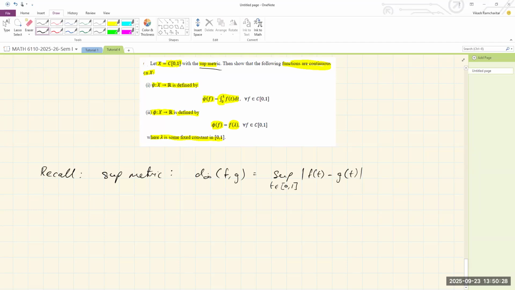Essentially what the supremum metric is doing is measuring the largest distance between these two functions on this interval. So maybe I can give you a picture of that. Here's 0, here's 1, and they are continuous functions. Let's just say this one here is g.